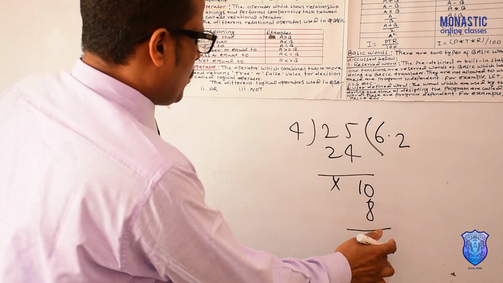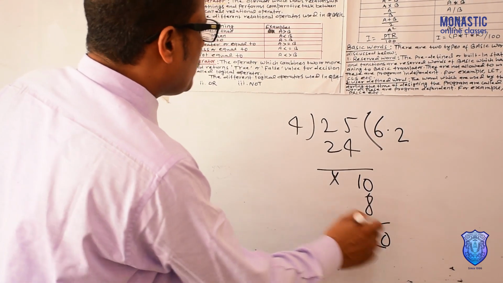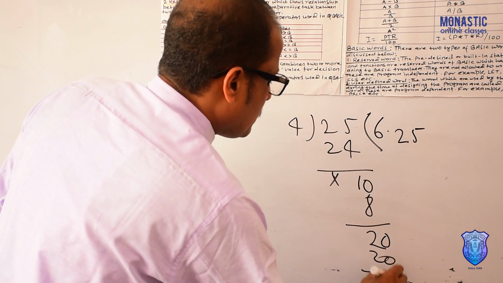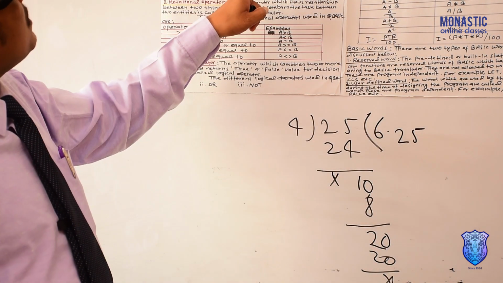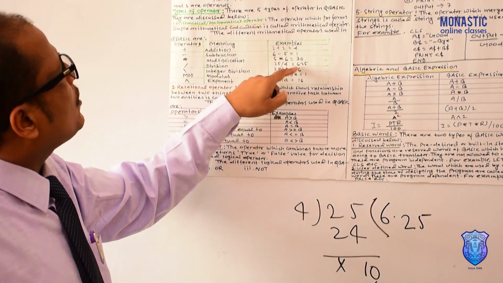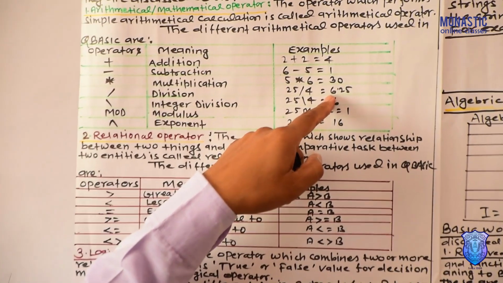Now what will be there? 0. 4 fives are 20. That means 25 divided by 4 is equal to 6.25.